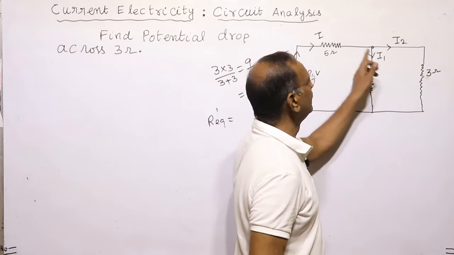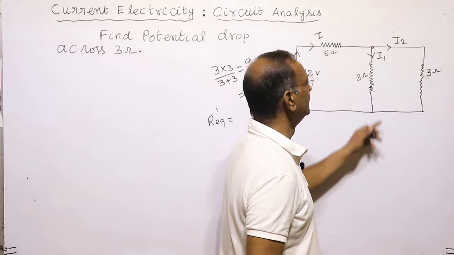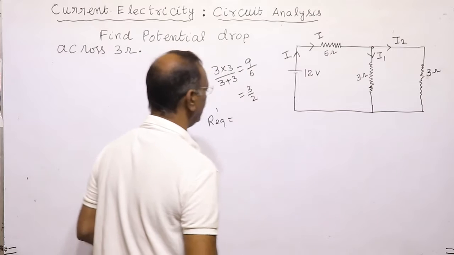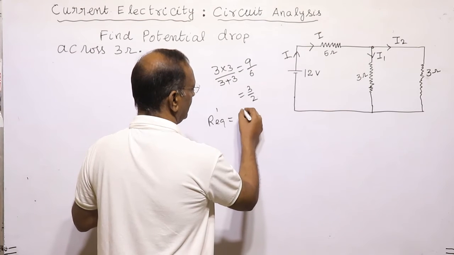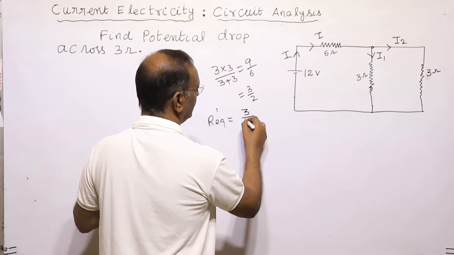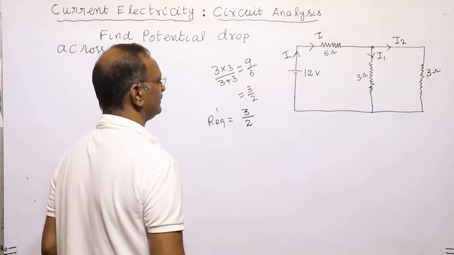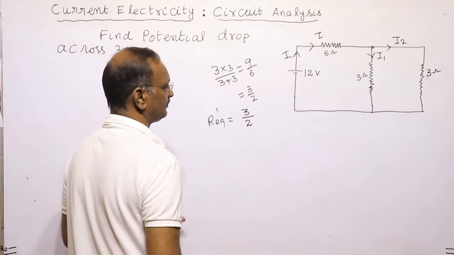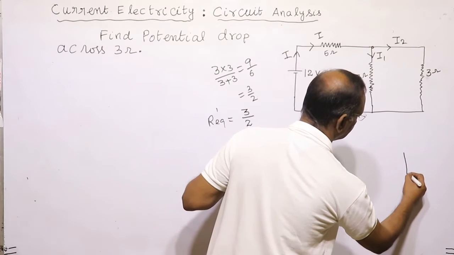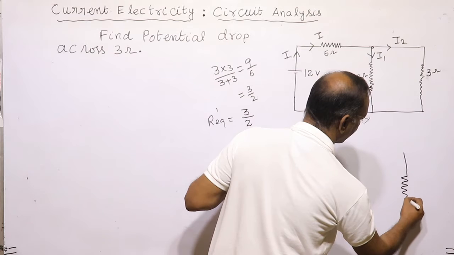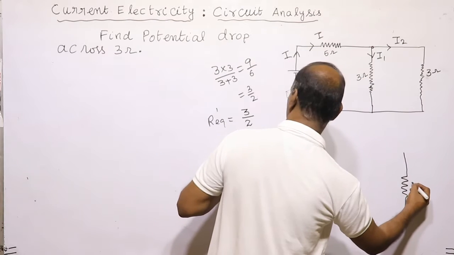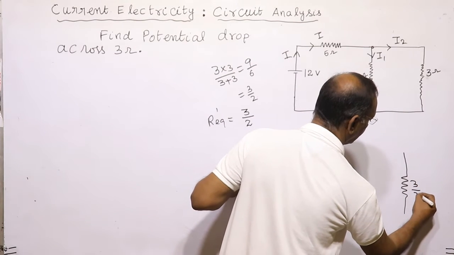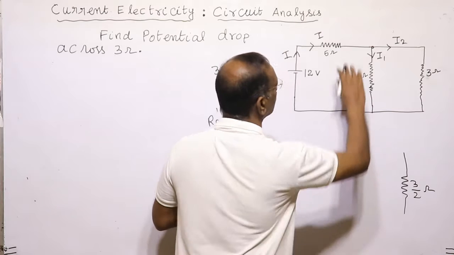Both are in parallel because current is divided. 3 and 3 are two identical resistors, which means take any one resistor divided by the number of resistors, in parallel, sorry. So this can be written like this: R equivalent is equal to 3 by 2 ohm.